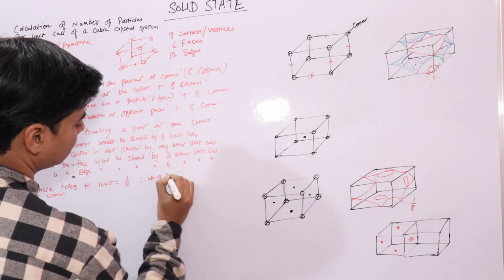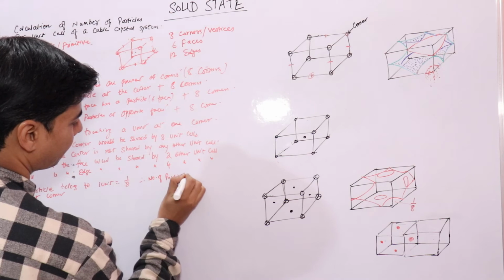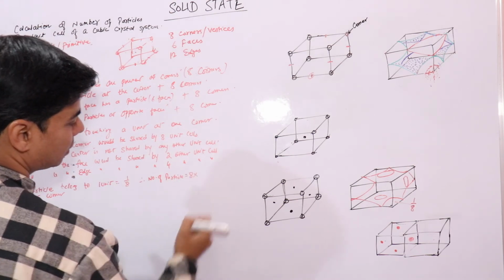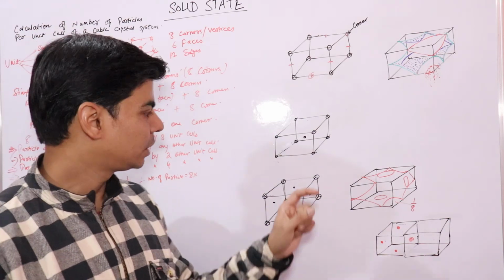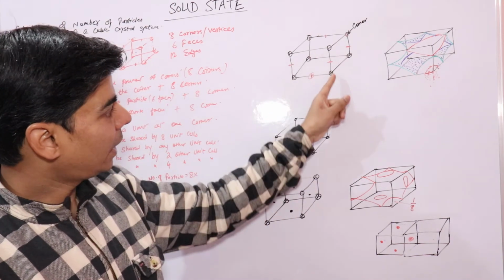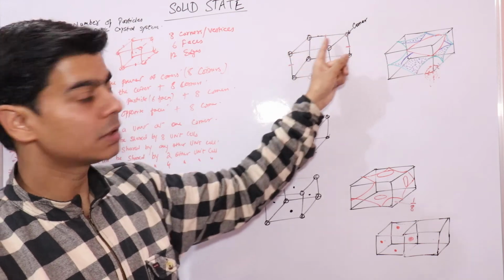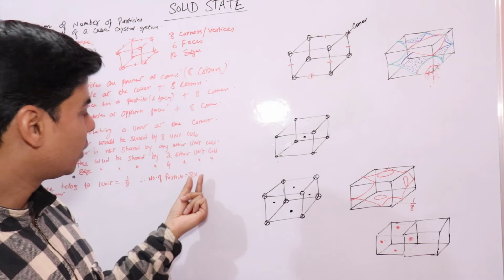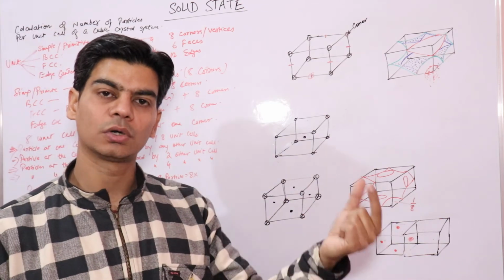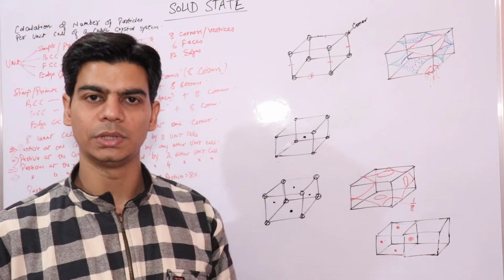Therefore the number of particles would be 8 corners, and at each of these corners we have 8 other unit cells touching it. So we said that 1/8 of that atom or particle belongs to each of the unit cells.